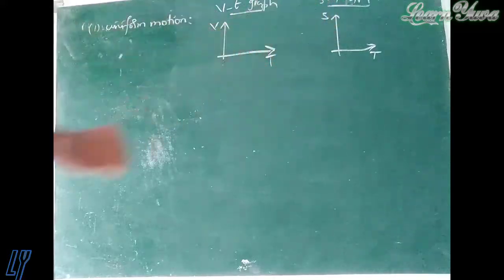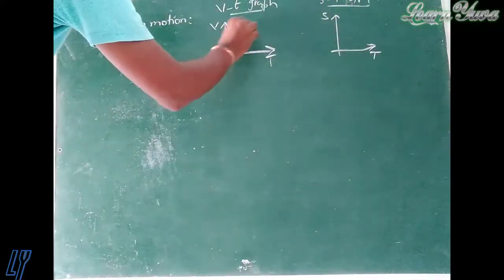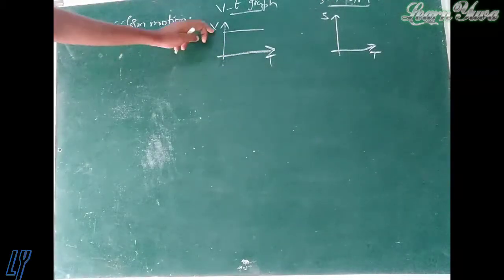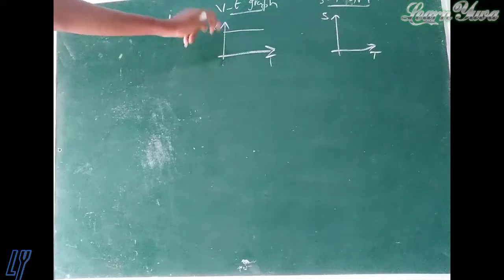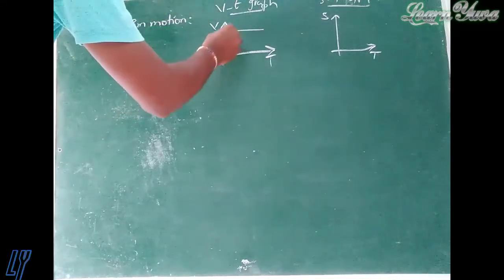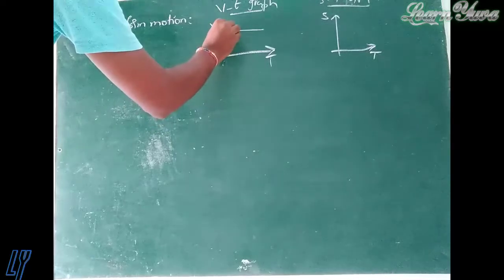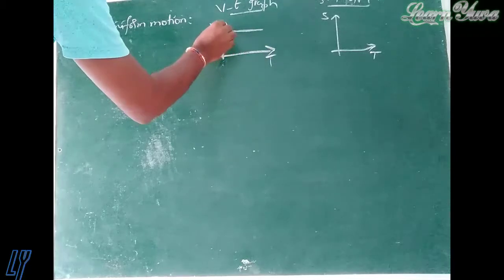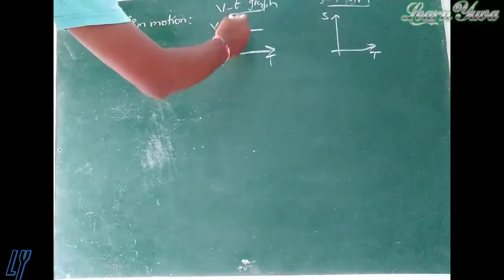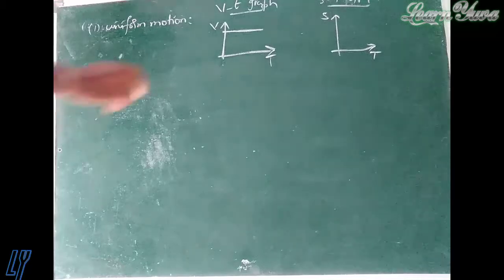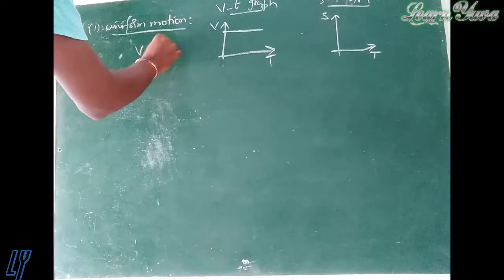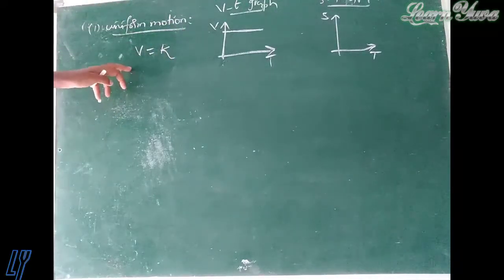It is a straight line parallel to the x-axis, that is, parallel to time. Here the velocity is on the y-axis. The line is straight, which means the value is neither increasing nor decreasing. The value is constant, so the velocity is constant.